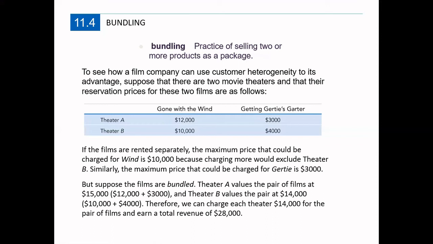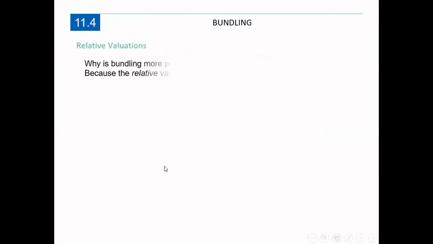But they can charge the same 14 here and 14 here, and they will receive 28. And this is more guaranteed than selling separately with a 29 profit. It is better to set it as a bundle, to sell the products and to maintain your profit. So this is the concept of bundling, and this is the meaning of selling more products in order to have more profit in the market.